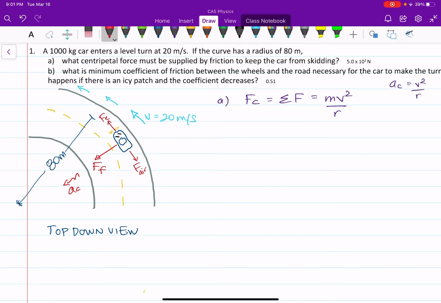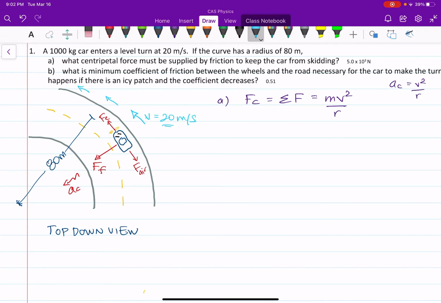That's because we're assuming this constant velocity of 20 meters per second. So we're not going to worry about the tangential forces. We're only going to deal with the circular forces. It's a way of simplifying the problem. Obviously, it's possible this car could be speeding up as it's going around the bend, but that's a different problem. So we're taking out that layer of complication.